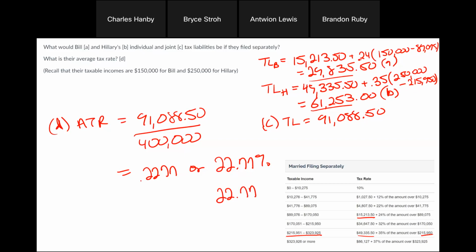If you enter the numbers correctly, you can reduce your anxiety levels, because the way Canvas grades is very rigid. So if you enter it incorrectly, it's going to mark it wrong. I do go back and hand grade all the exams. So you will get credit if you work the problem correctly.